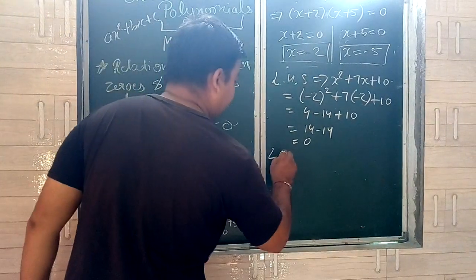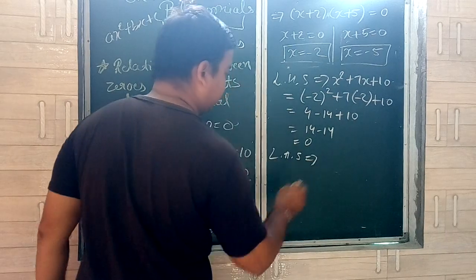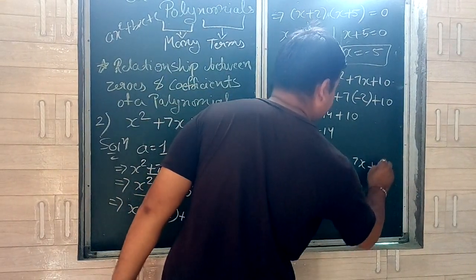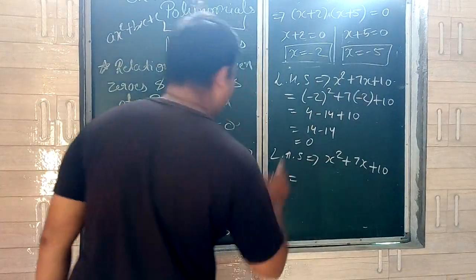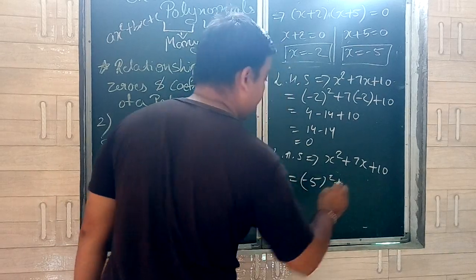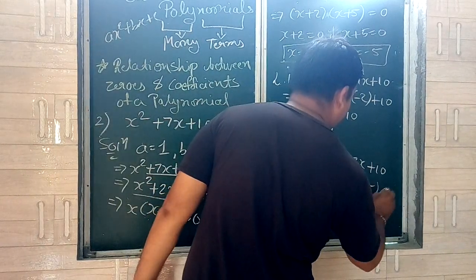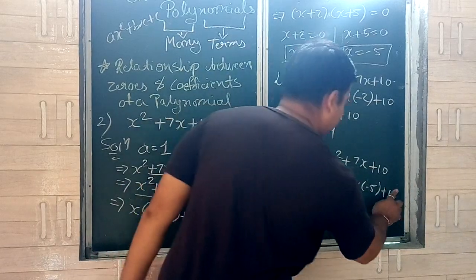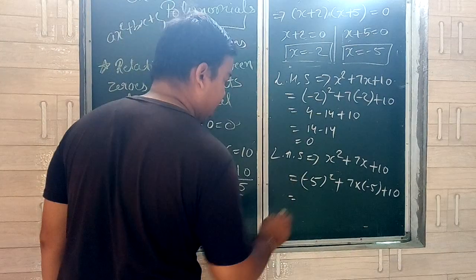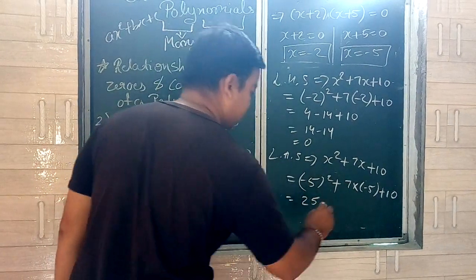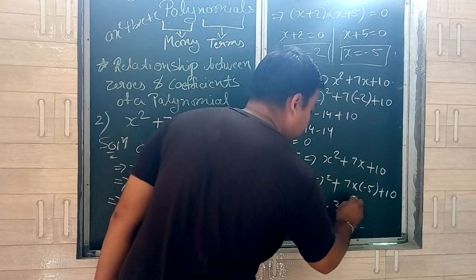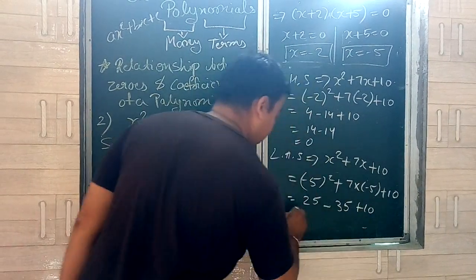Then again we take the same equation, x square plus 7x plus 10. Now we take the value of x as minus 5: minus 5 whole square plus 7 into minus 5 plus 10. Minus 5 square is 25, 7 fives are 35 with minus, so 25 minus 35 plus 10.